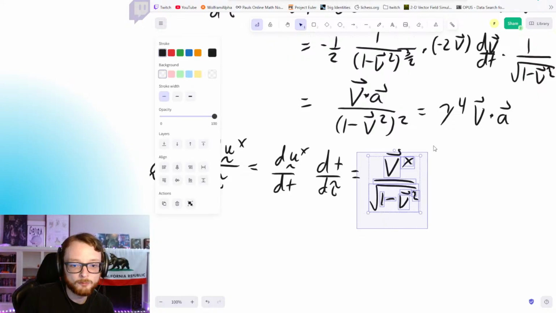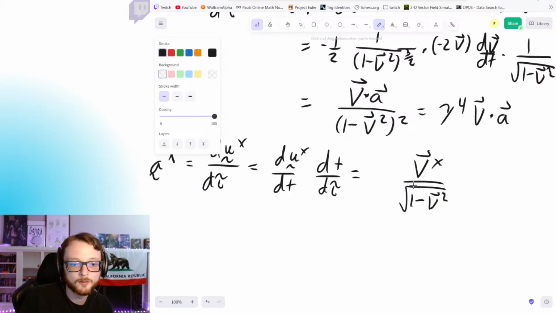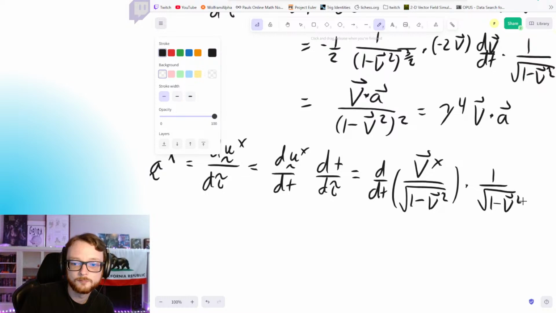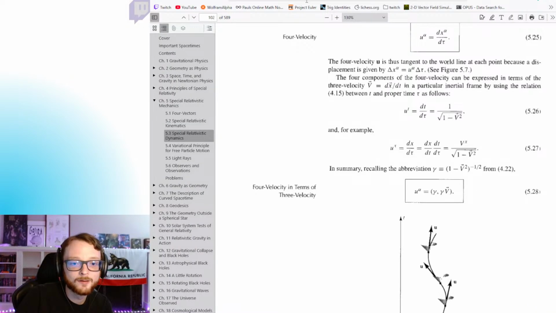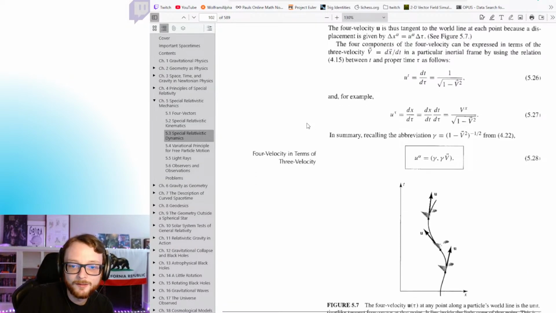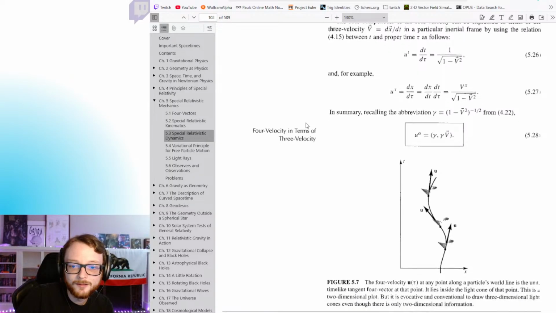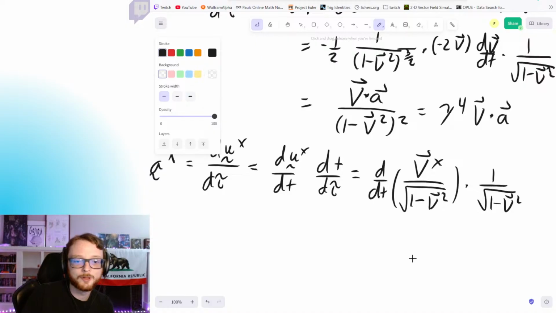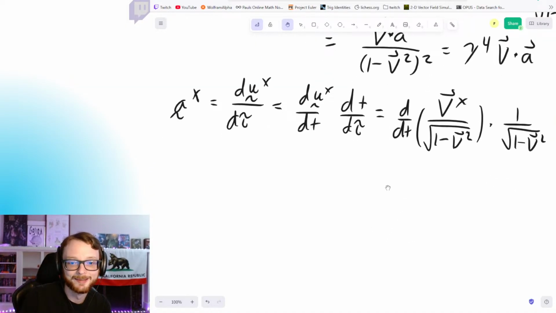So that's the time derivative of that thing, which I guess is a quotient rule. Okay, well that's annoying. Hopefully this cleans up.